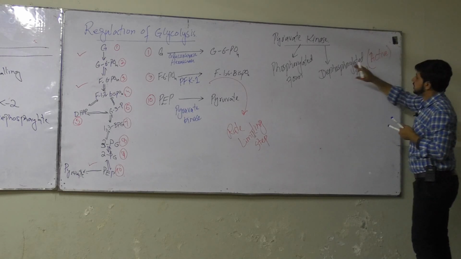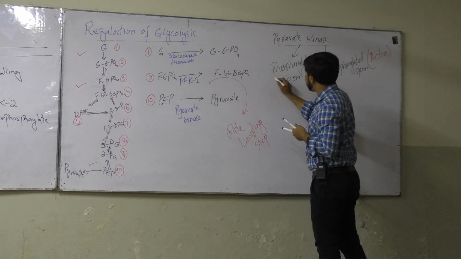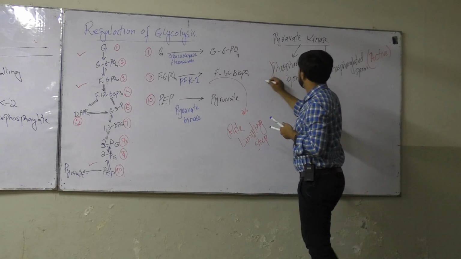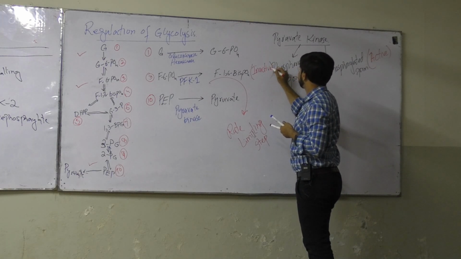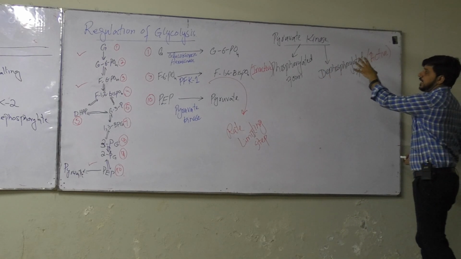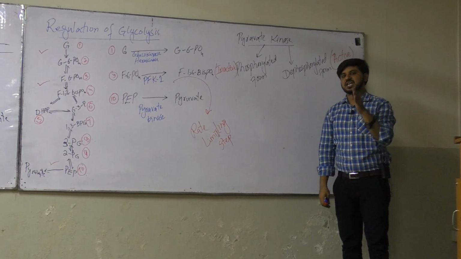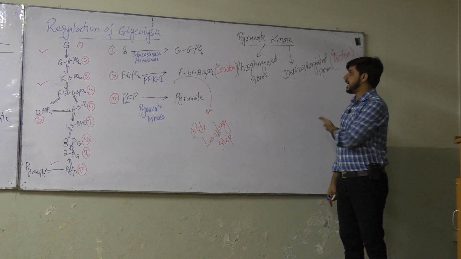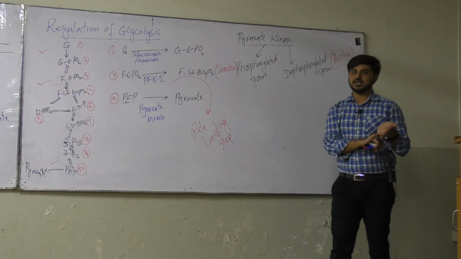This dephosphorylated form is the active form, while the phosphorylated form is the inactive form. The activity of this enzyme is regulated with the help of hormones, or we can say that it is regulated by covalent phosphorylation and dephosphorylation.